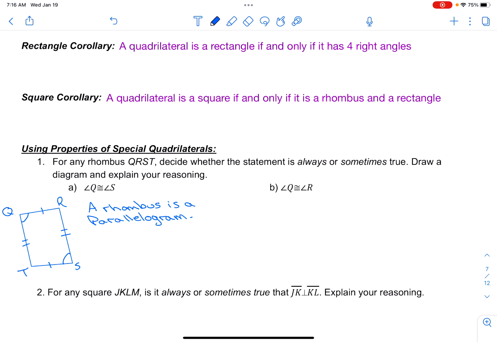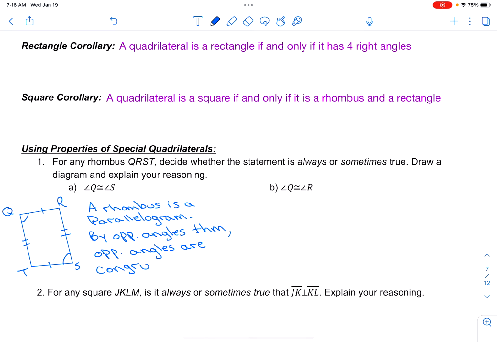So then, by your opposite angles theorem, opposite angles are congruent. So therefore, this always has to be true.